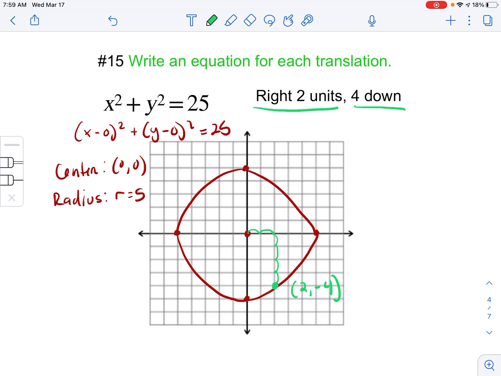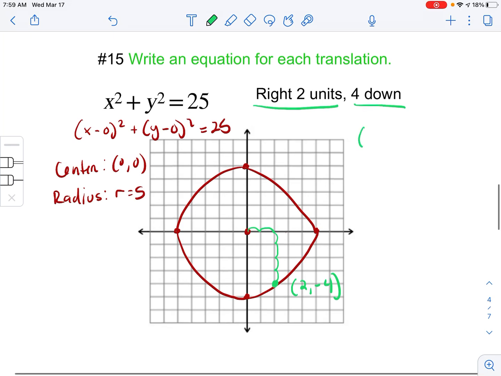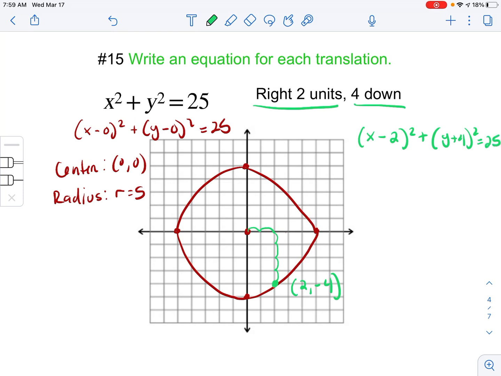So based off of that information, we can go directly into our equation by plugging in a 2, plugging in the negative 4, and then plugging in the 5, which would give me 25, making my new equation x minus 2 squared plus y plus 4 squared equal to 25.